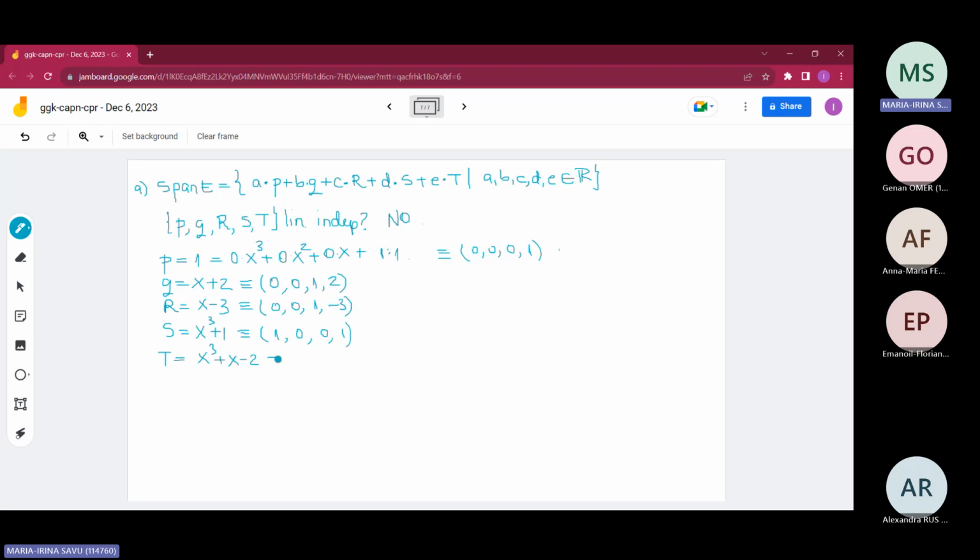And this one is 1, 0, 1, minus 2. So we write the matrix, which contains these vectors, but written on the columns. On each column, I have a vector.